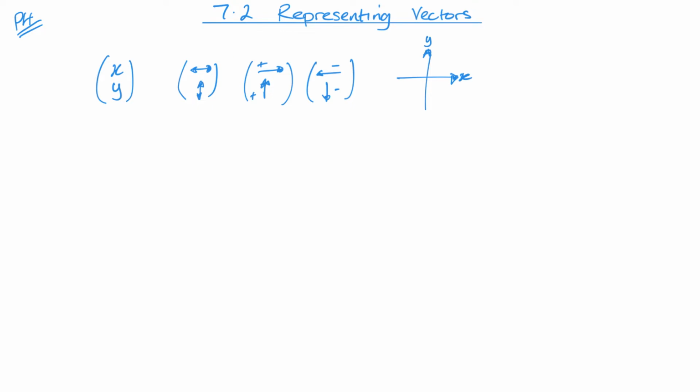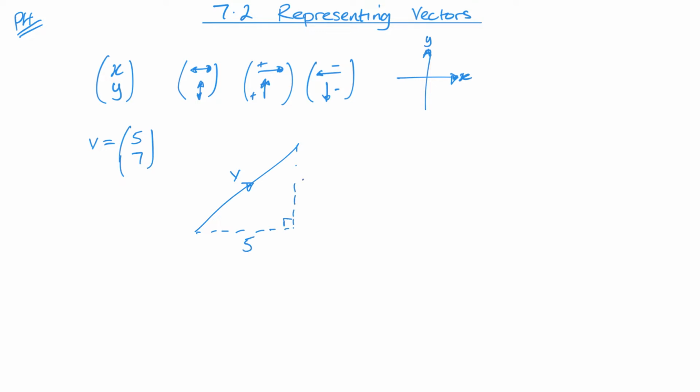So if I have a vector, let's call this vector V, V for vector. If I have, say, 5, 7, that means it's 5 to the right and 7 up. So this vector V would look something like this, roughly drawn.